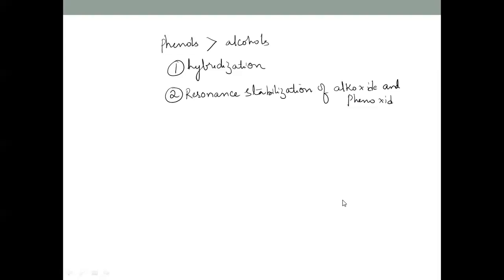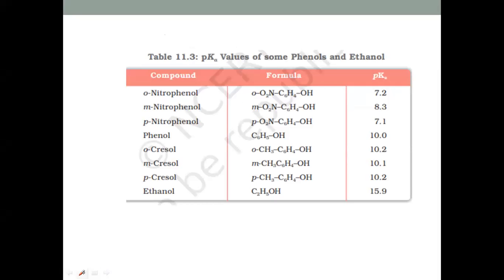So here are two reasons why phenols are more acidic than alcohols. One is hybridization, and the second one is based on the resonance stabilization of alkoxide and phenoxide ions. So now let's look at the acidity of substituted phenols here.